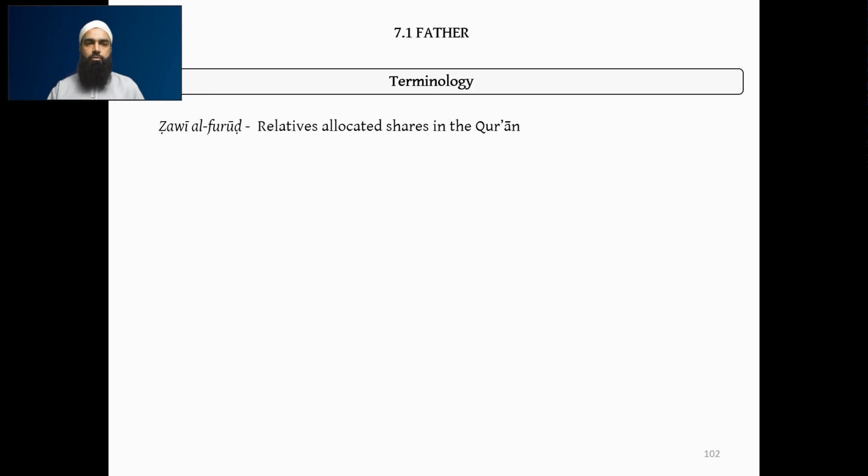I keep referring to, these are relatives allocated shares in the Quran, the fixed Quranic shareholders, as we say. The Asaba are those relatives who receive the remaining estate, the residuary they're receiving, and we already explained who these Asaba are. The agnatic shareholders, as we said.